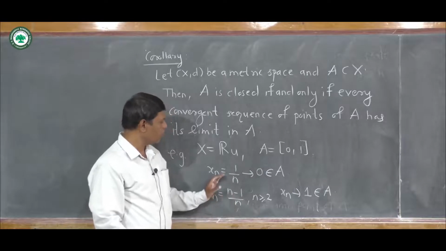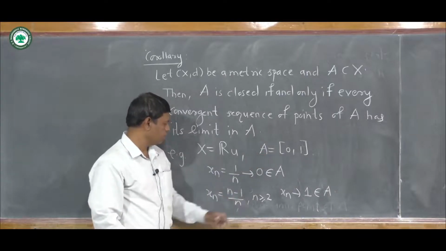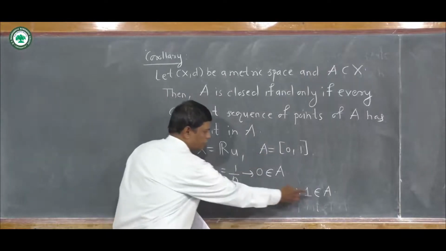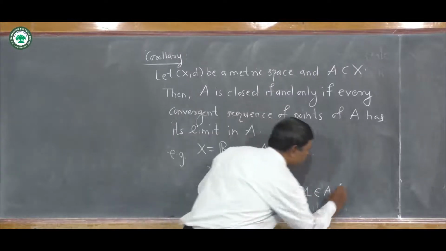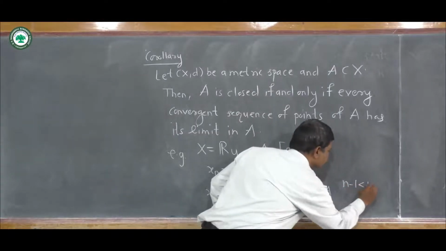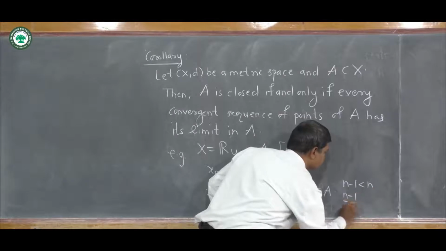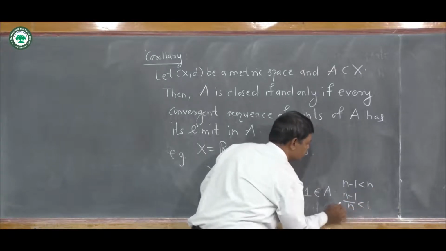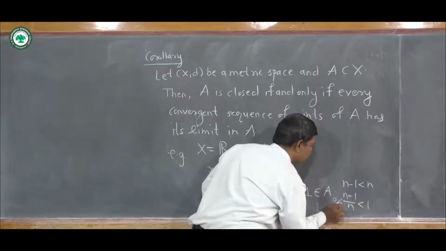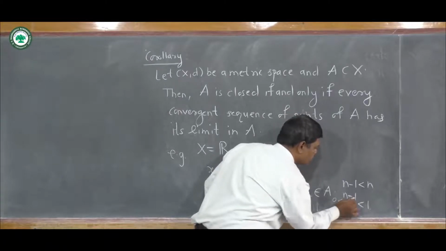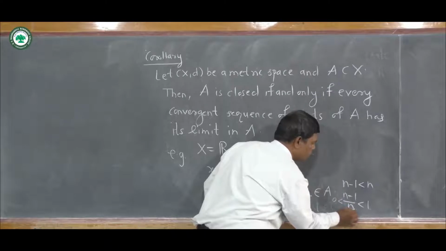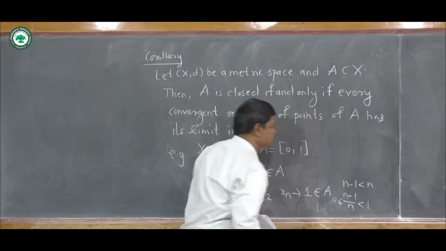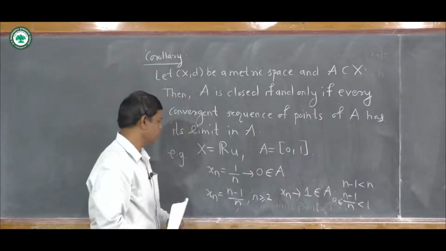It means that all elements are from the set A, because we know that n minus 1 is less than n, so (n minus 1) upon n is less than 1, and for n equal to 1 we have 1 minus 1 upon 1, so this is greater than or equal to 0.